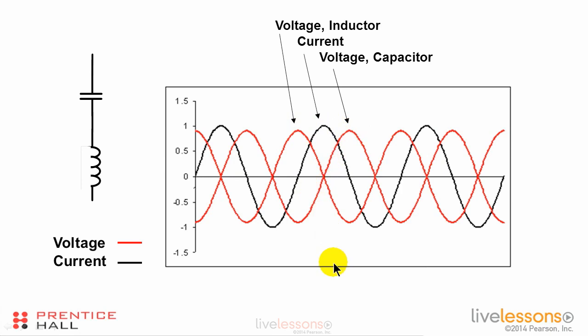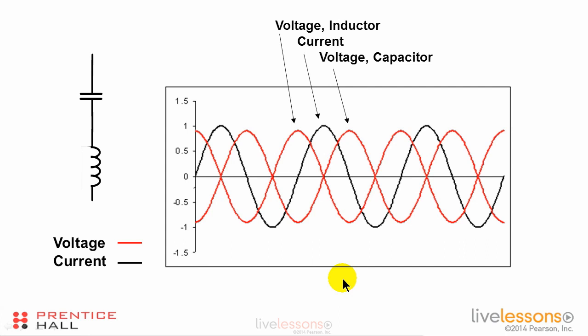And one of the things that is sometimes difficult for engineers to grasp early in their education is that this relationship never changes. This is a fixed relationship. The voltage phase shift for an inductor is always 90 degrees. It is never anything else. The voltage phase shift for a capacitor is always minus 90 degrees.